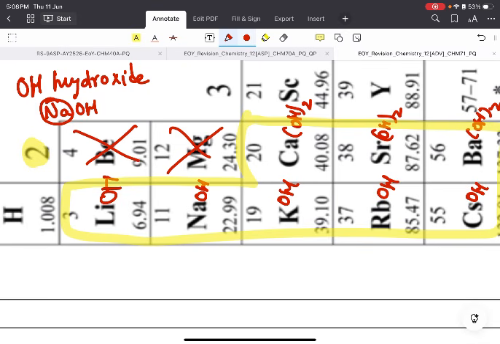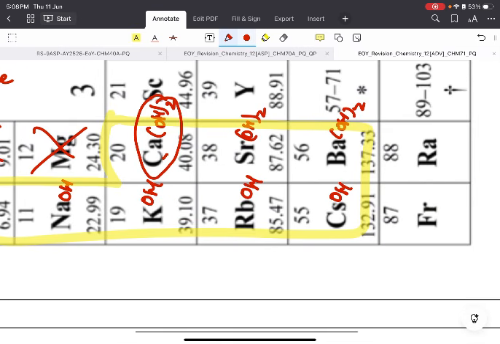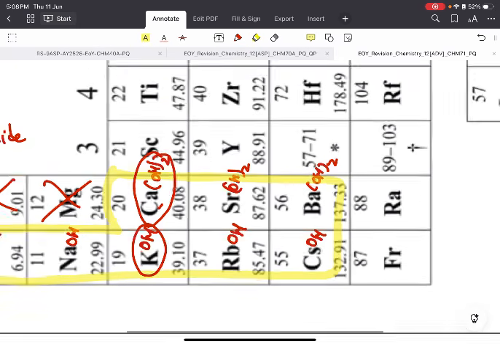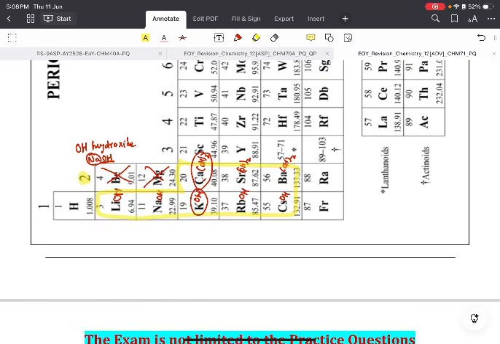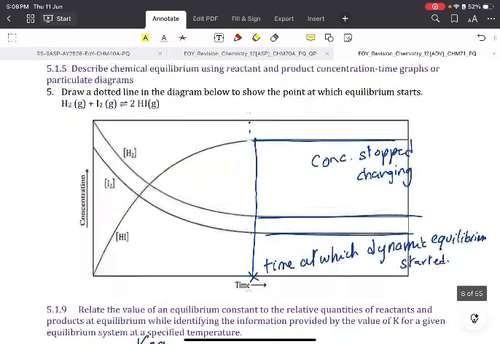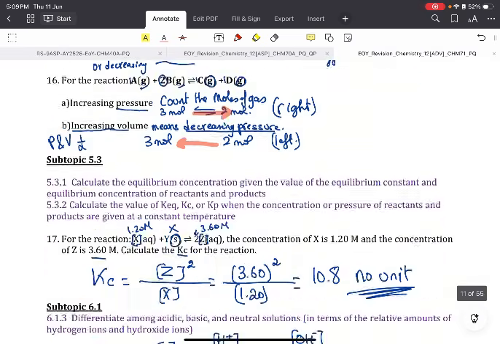So if I have NaOH, that's sodium hydroxide. If I have Ca(OH)2, that's calcium hydroxide. If I have KOH, that's potassium hydroxide. Now, whatever is given to you in the question that does not belong to this list will be a weak base.